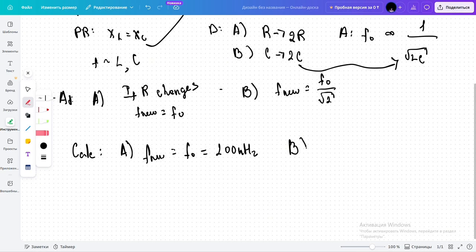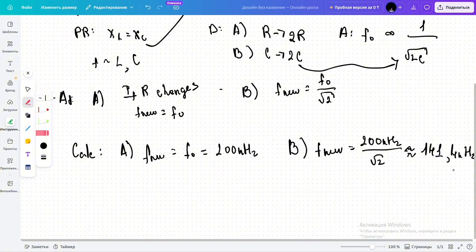And in case B, our new frequency will be equal to 200 kilohertz divided by square root of 2, which is approximately 141.4 kilohertz.